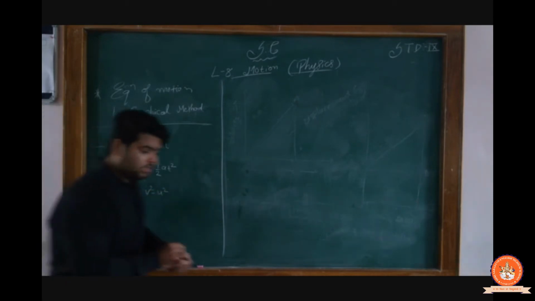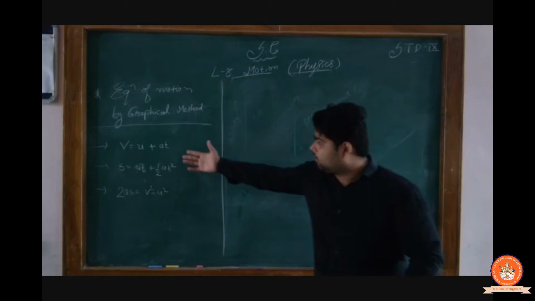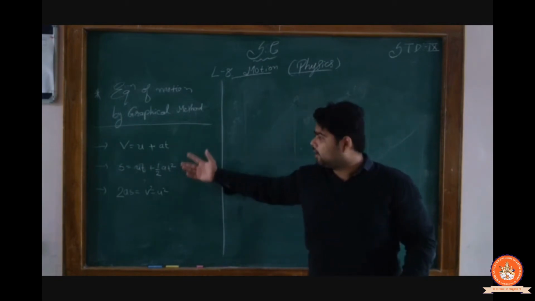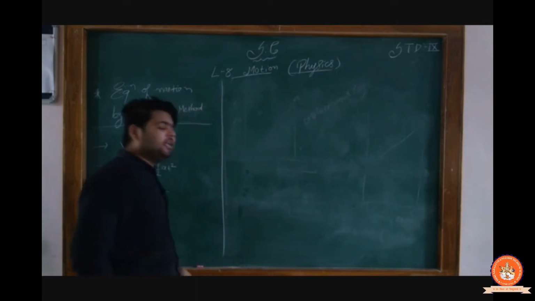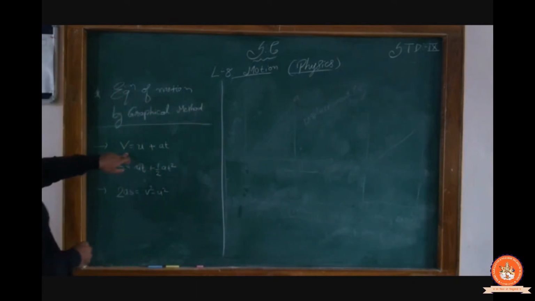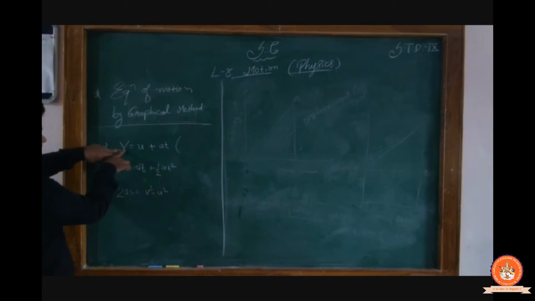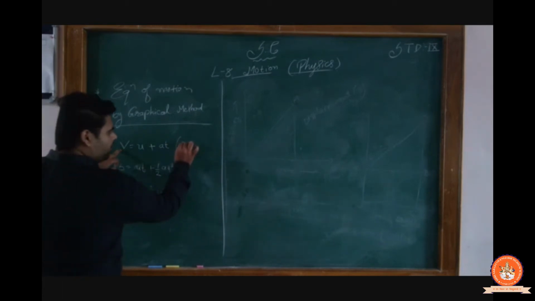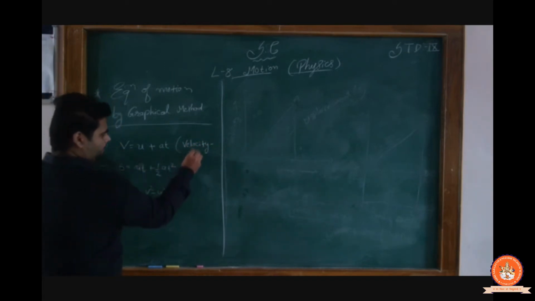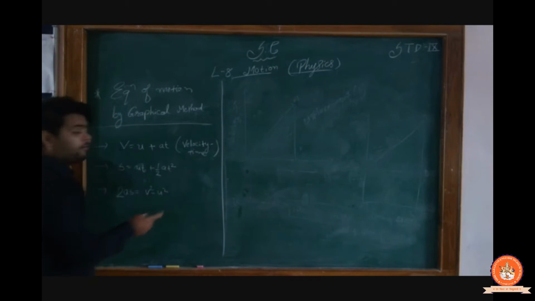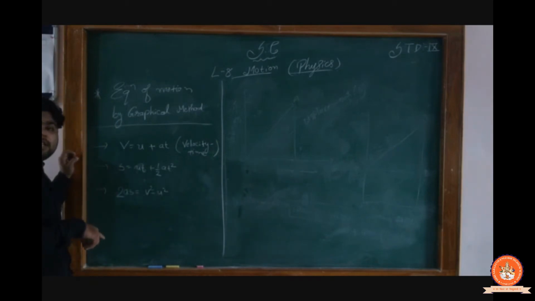Now the question arises: sir, why can't there be just one equation? Why did we take three equations of motion? Each equation has its own importance. The first equation is for velocity versus time, the relation between the velocity and the time.